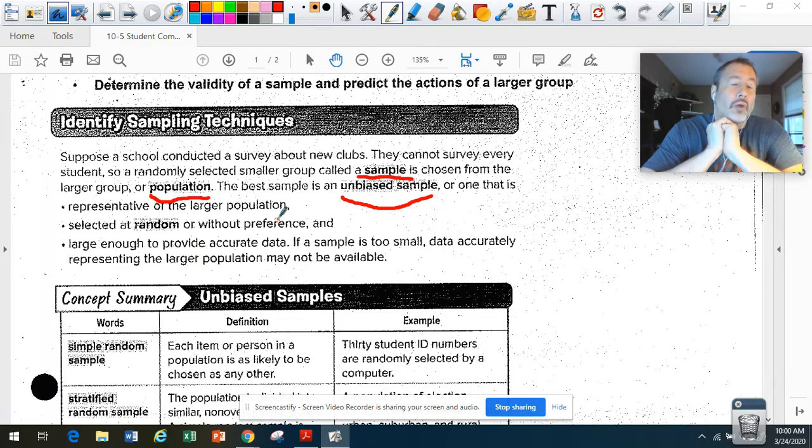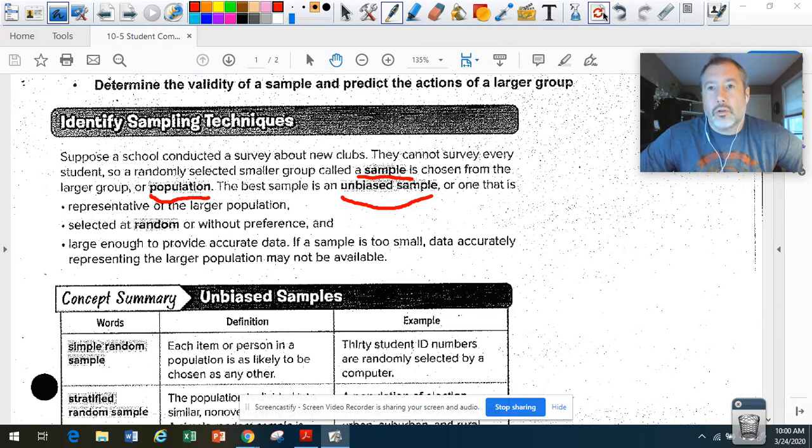It is selected at random, which means without a preference, and large enough to provide accurate data. So we don't want to just pick two kids, because two kids is not a large enough sample size to come up with our views on what the school believes in or things like that. So we want to get a larger group.